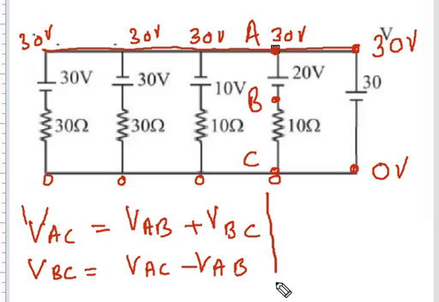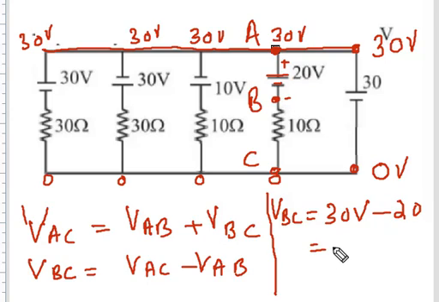Now if I apply values, what is VBC? VBC is equal to VAC, the potential difference between A and C, which we know is 30 volt, minus the potential difference between A and B, which is 20 volt. You can see the upper side is positive, the lower side is negative, so that is 20 volt. So I will get VBC as 10 volt.